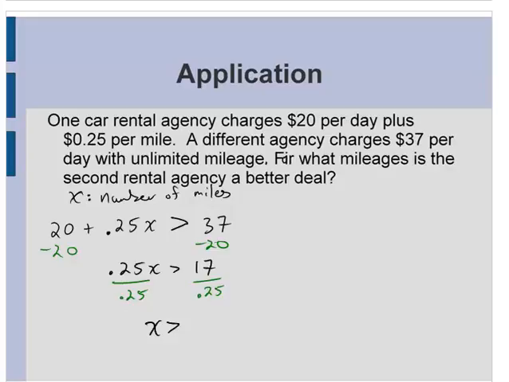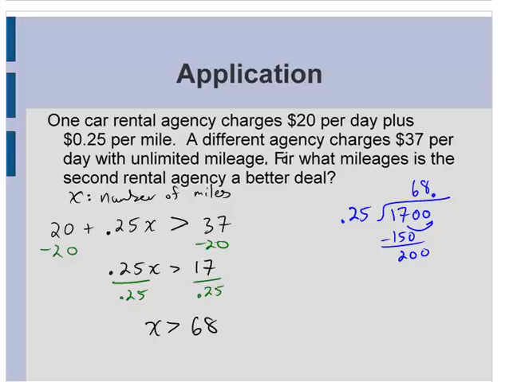I guess we've got to do a little bit of side work here. 0.25 into 17. Well, let's bring our decimal over 2 places. 25 doesn't divide into 17. 25 will divide into 176 times. That'd be 150. And 25 will divide into 200 8 times evenly. So x is greater than 68.